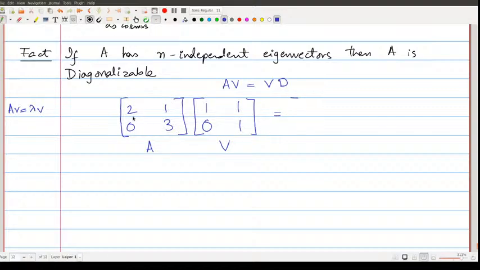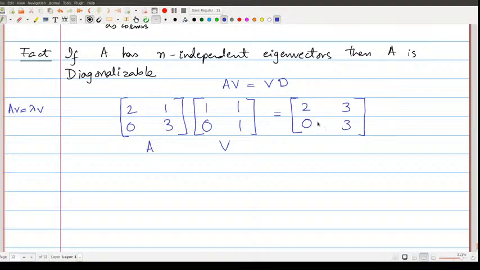Okay, so this is 2, 1 times 1, 0. What do I get over here? So I get 2 over here, and I get 3 over here, and then I get 0 here, and I get 3 here, right?